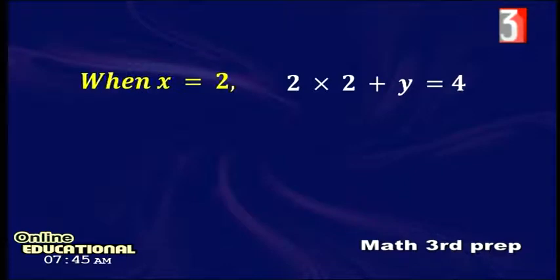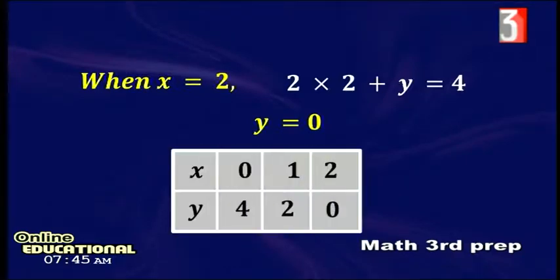Then you are going to notice that when x equals 0, y equals 4. When x equals 1, y equals 2. And when x equals 2, y equals 0. This is the first equation. What about the second equation? 2y plus 4x equals 6.